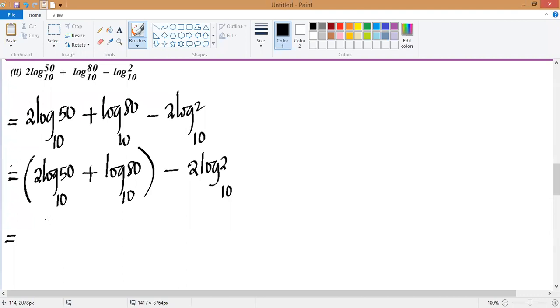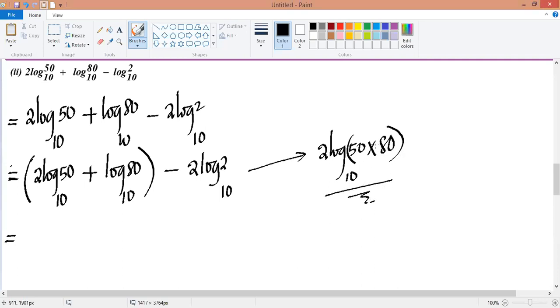You're saying from here we should write 2 log 50 times 80 base 10? Times 80, like this. Yes, sir. Now there's a problem there. Anyone to add to the submission?